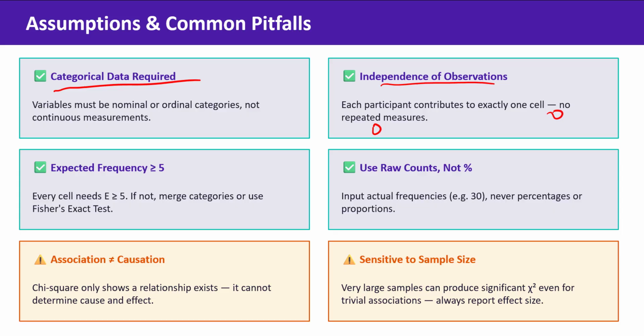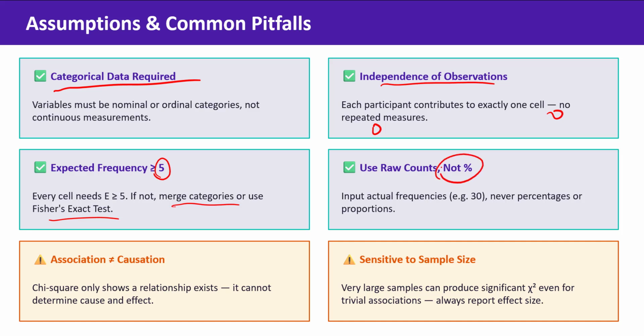And expected frequency must be greater than or equal to 5. That's the minimum requirement. If the expected frequency is less than 5, then we need to merge categories or use Fisher's exact test. That's another story. We also use row counts, not percentages.